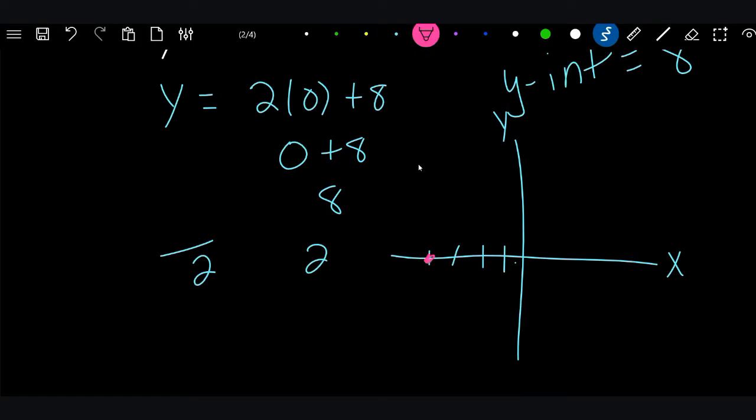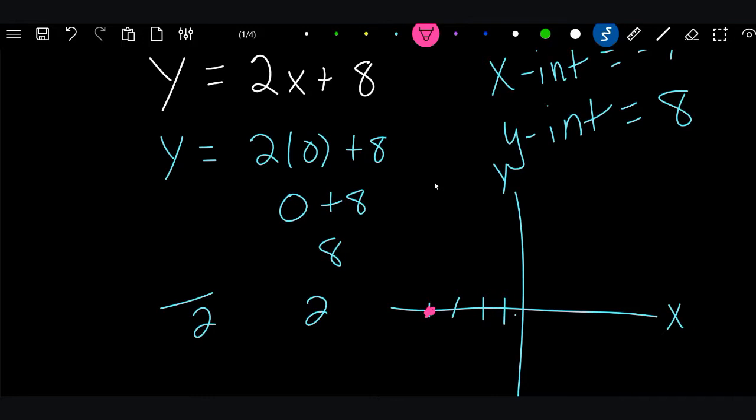I'll graph it in pink so you can see it. And then we would graph our y-intercept at 8. So I would go up 8: 1, 2, 3, 4, 5, 6, 7, 8, somewhere up there. And I would put a point there. And then I would just draw my line through those two points. Okay? And that's how to graph by using intercepts.